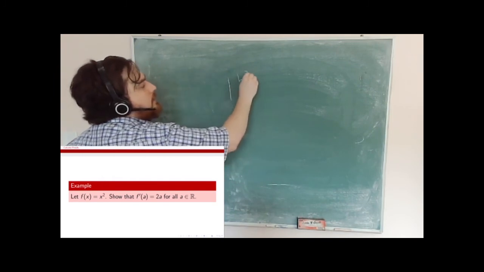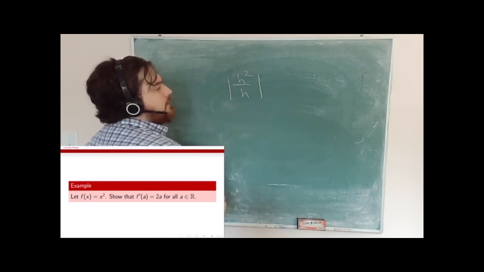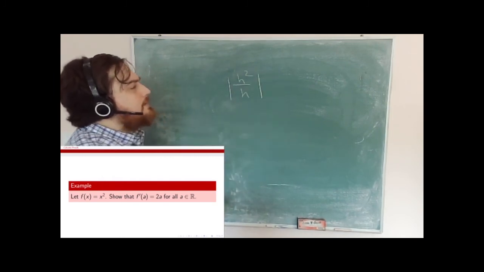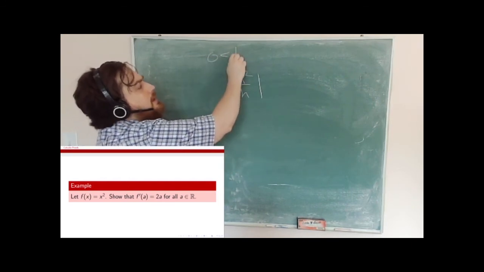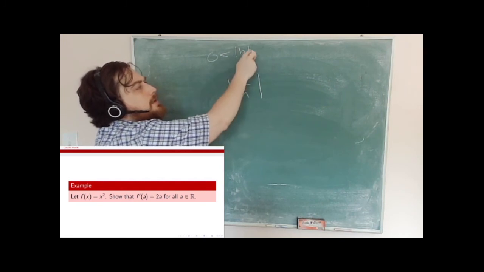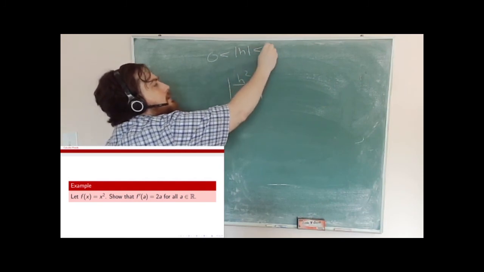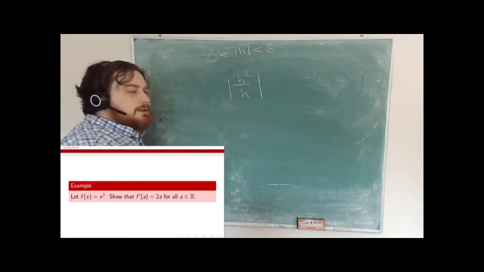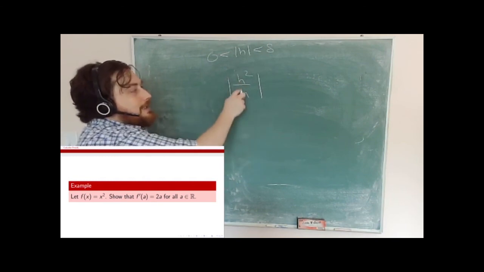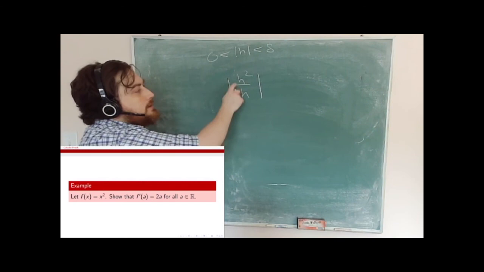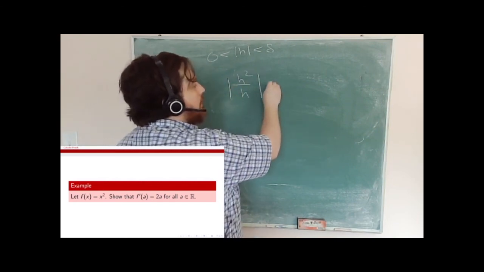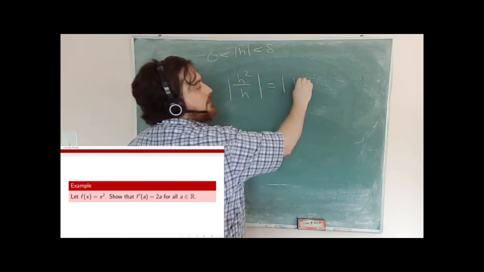Notice that I have the absolute value of h squared over h. Now, recall that we said 0 is less than, in this case, h minus 0, which is just the absolute value of h, is less than delta. So I get to assume that. What that means is that h is not equal to 0. Because h is not equal to 0, h squared over h is just h.